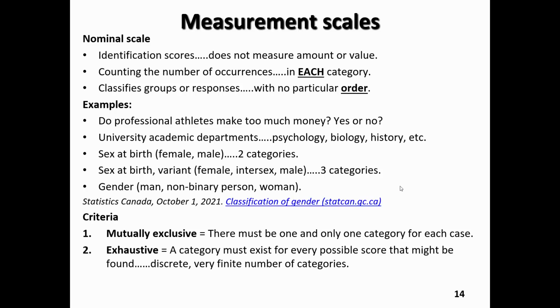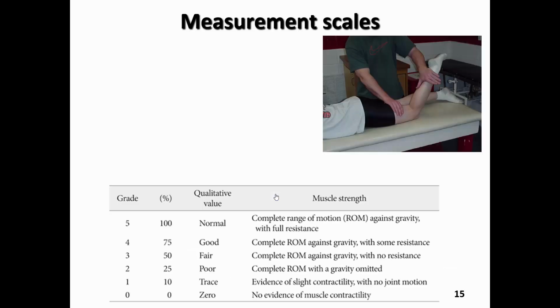So it must be exhaustive in that case, and each category should be homogeneous, in that within each of the 3 categories, if we look at gender or sex at birth variant, the cases or the individuals within each of those 3 categories should be comparable, making those homogeneous.